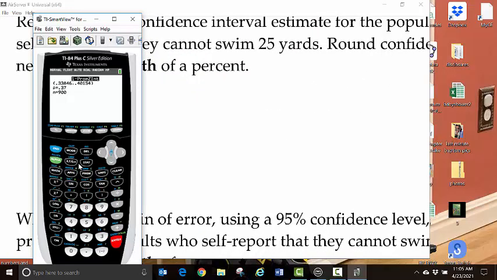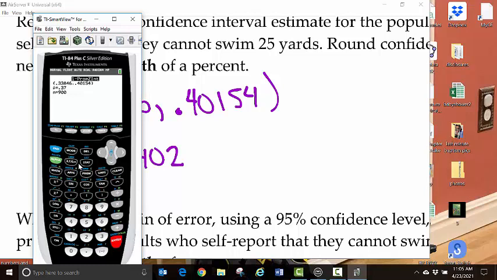Yes. Tens, hundreds, thousands. 0.33846. I'm going to round in a minute to 0.40154. So they really want 0.338, comma 0.402. Question, yes.